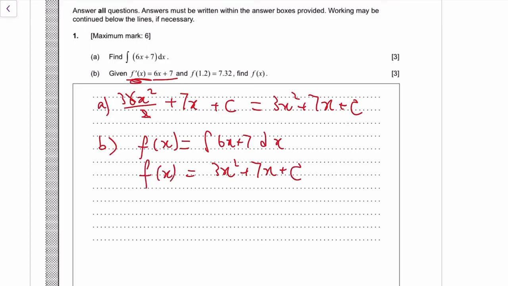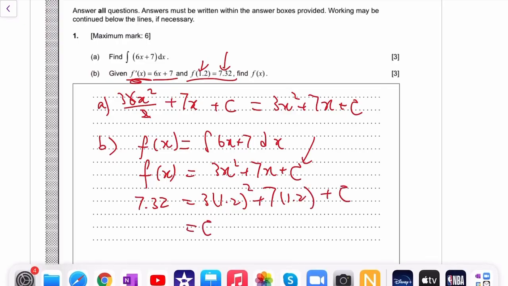But if it's an actual function, then you have to find the value of c. So it's telling you that if x is 1.2, the function would equal 7.34. The rest should be simple GDC work.